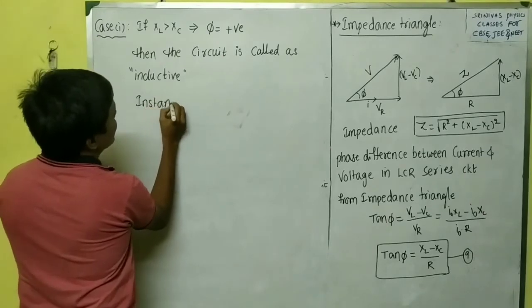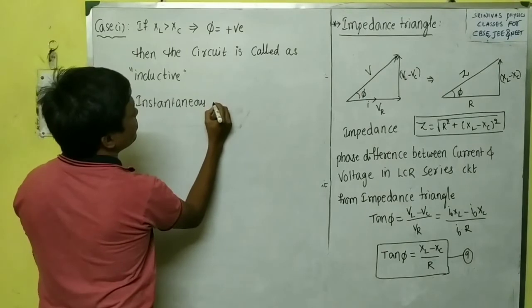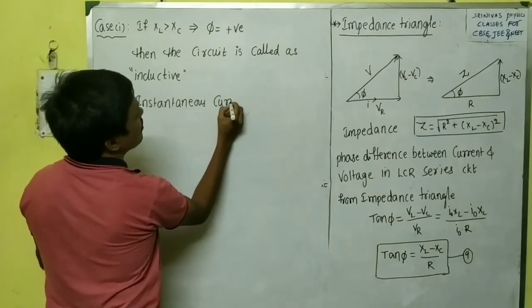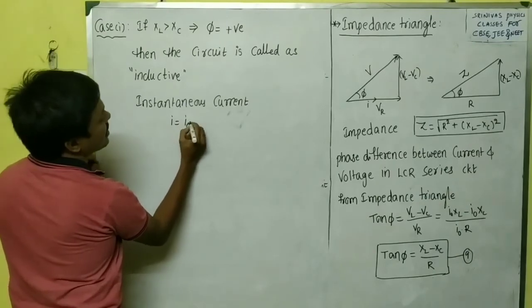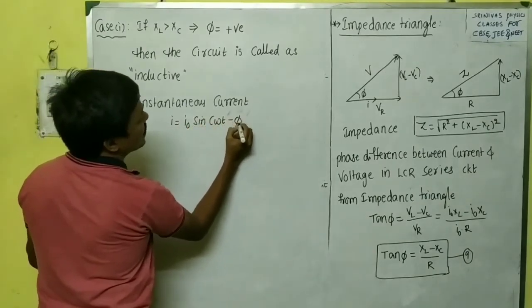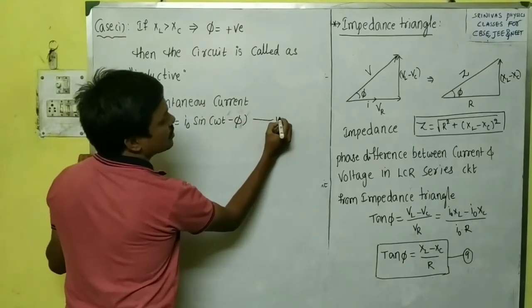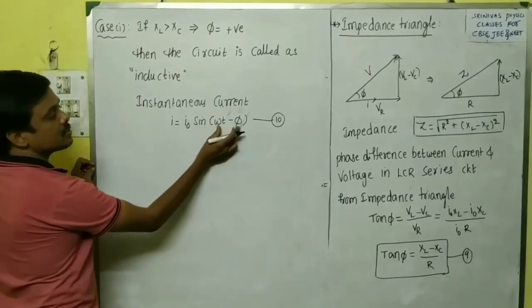In an LCR circuit, the instantaneous current formula is I equals I naught sin omega t minus phi. This is equation 10, and here it is minus phi.